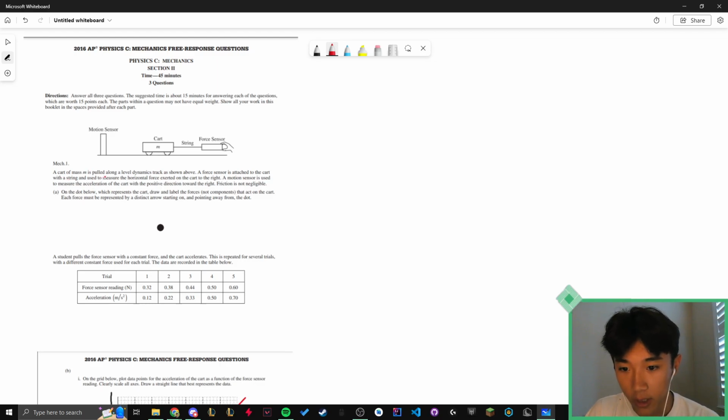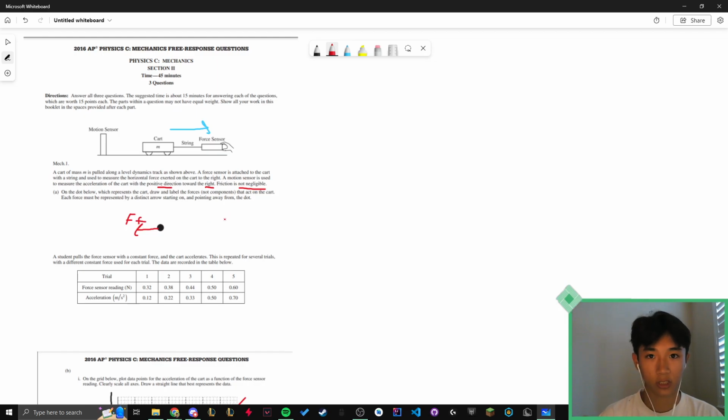So, a car of mass M, with a force attached to the right, motion, acceleration positive, friction. As we know, the direction of the motion is toward the right and there is friction, so we can tell that there is a force of friction to the left, because the force of friction is always opposite to the direction of motion.